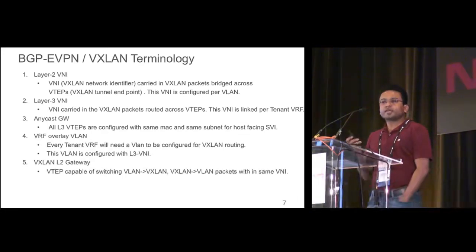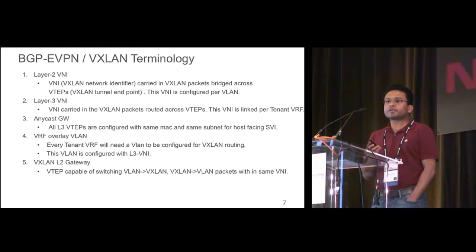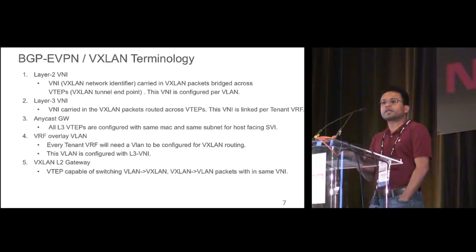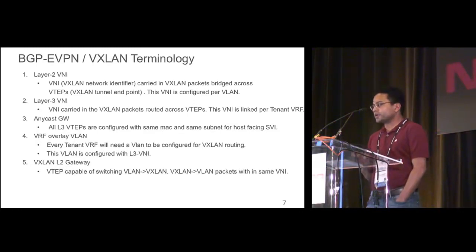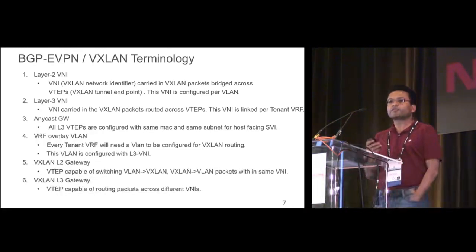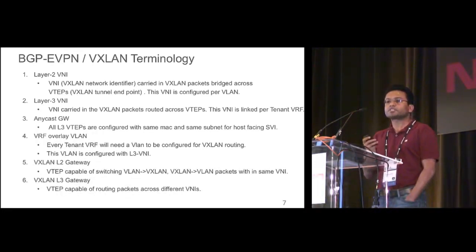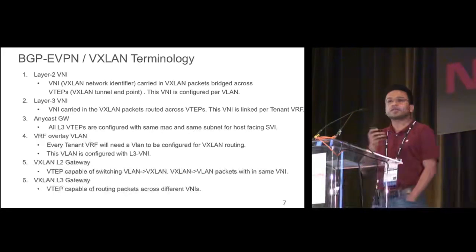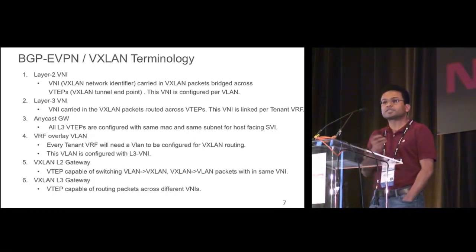Any VTEP, leaf or spine which supports L2 gateway has the capability to switch bridged traffic, between VLAN to VXLAN and back to VLAN. As a VXLAN L3 gateway, any leaf, spine or TOR which supports this functionality is capable of routing traffic, and this capability is across VRFs and across VNIs. It's not restricted to the same VNI.